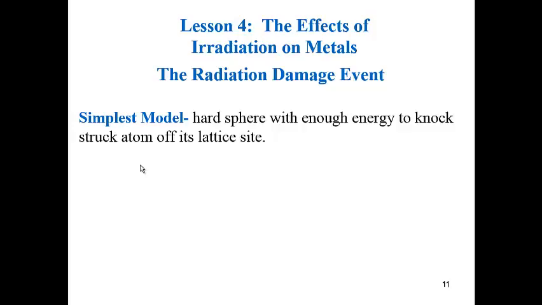The simplest model is that we have a hard sphere with enough energy to knock an atom out of its lattice site. So the simplistic vision is of a very large billiard ball being struck by BBs, and if we strike the nucleus with enough energy, we might be able to knock it free. So we have this hard sphere model of the structure of atoms in a lattice.